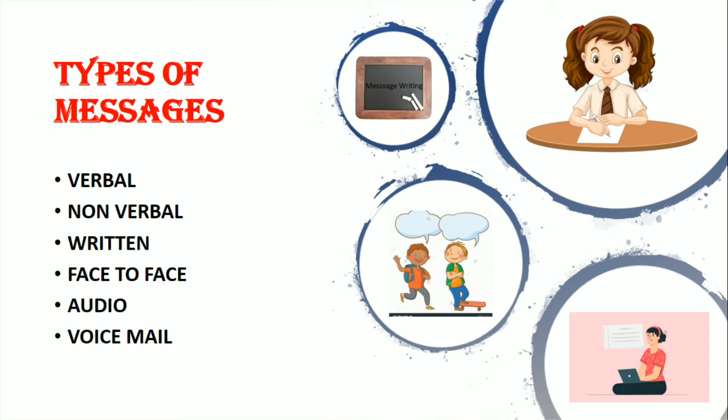And last is voicemail. It is a computer based system that allows users and subscribers to exchange personal voice messages. So, dear students, these are the different types of messages.